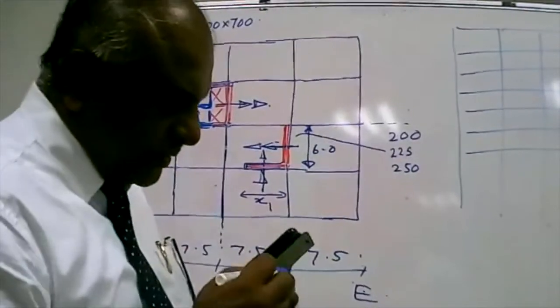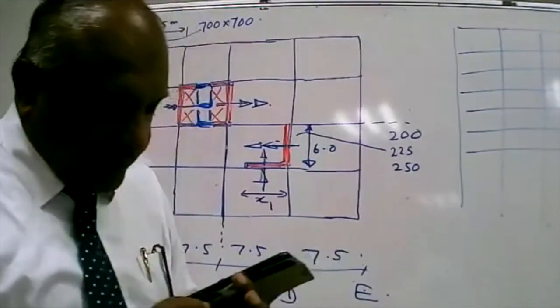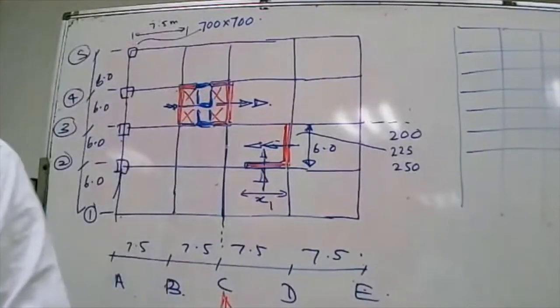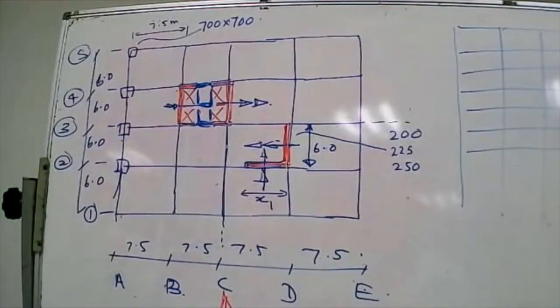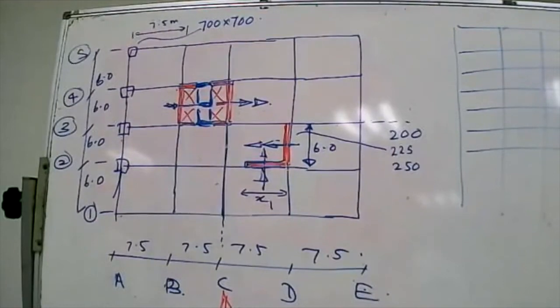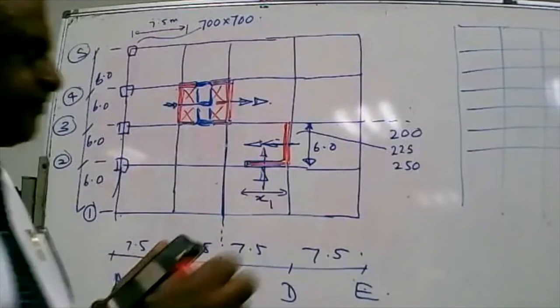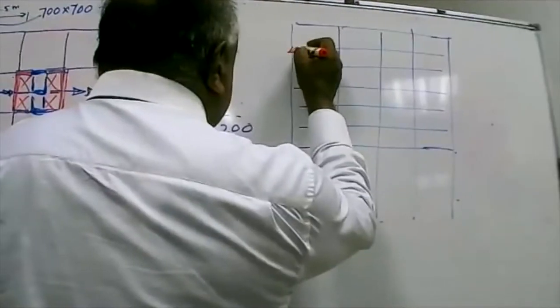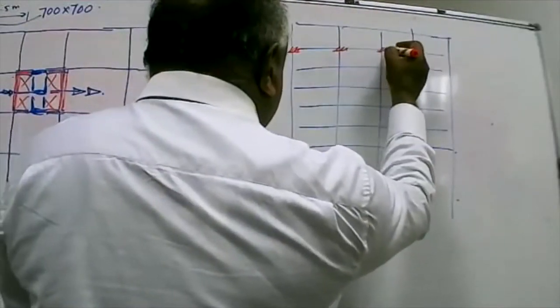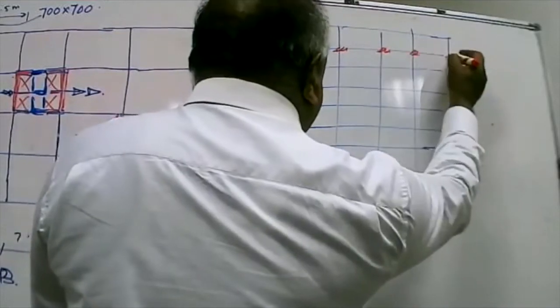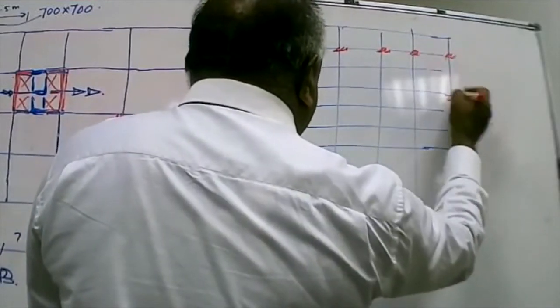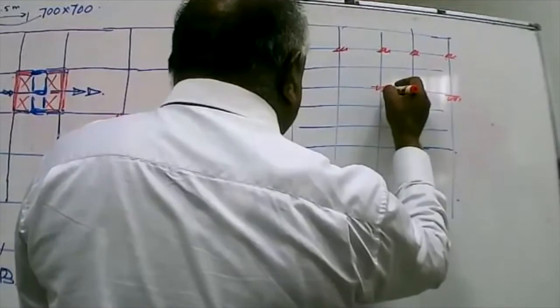What we do is select a simplified subframe, and I'm going to make a simplified subframe by adding fixity at these locations.